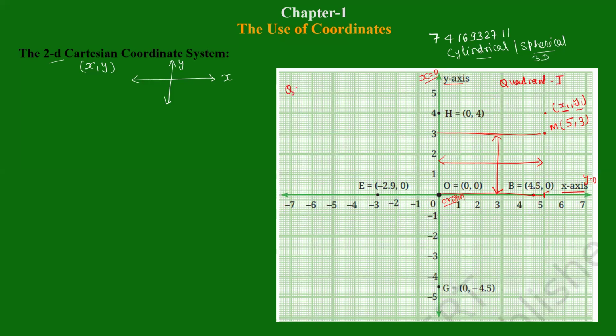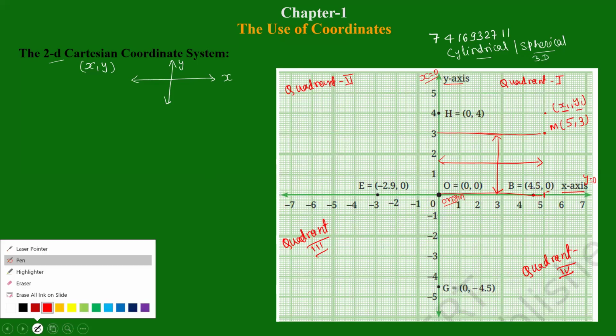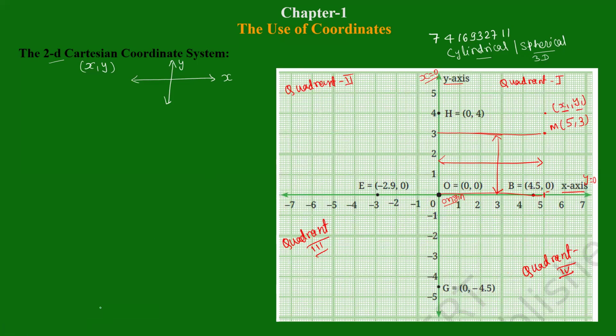The second section is called quadrant 2. The third one is called quadrant 3. And the last one is quadrant 4. So finally, how many divisions do we have? 4 divisions. Okay. Any doubt so far? So in total we have 4 divisions here.